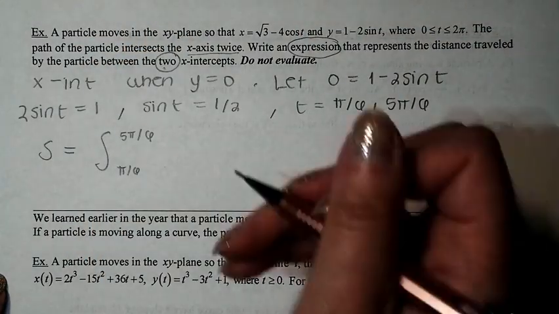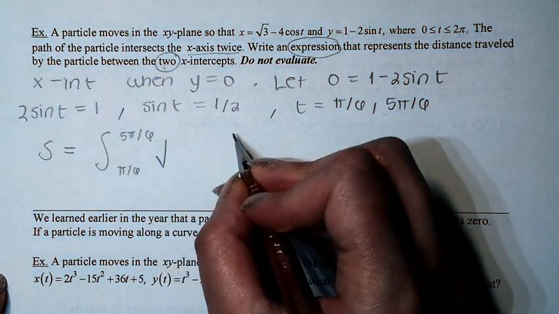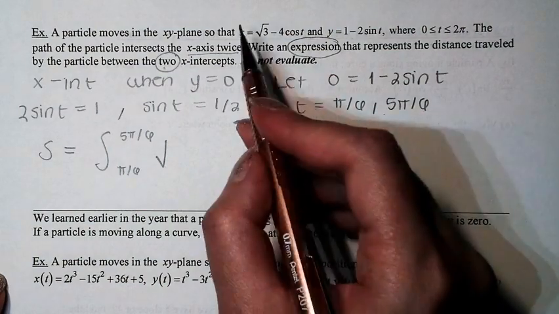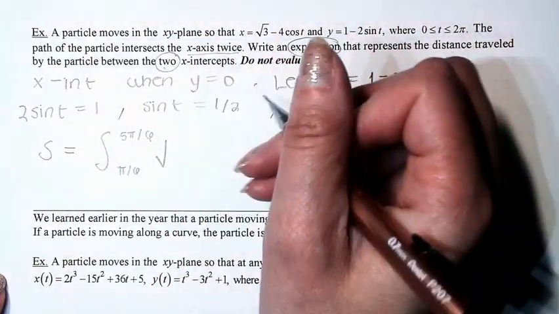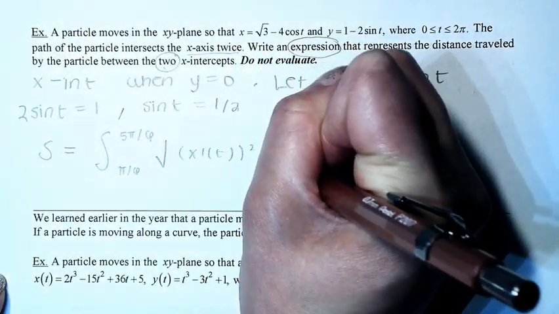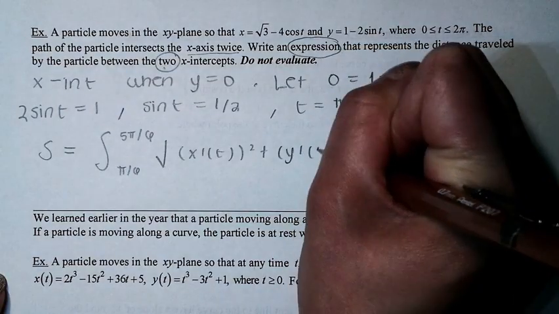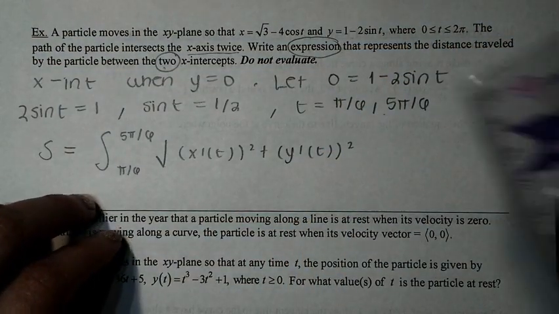And then it's going to be the square root of dx dt. Now ask yourself, can we find dx dt? Yes, we can. We want also the derivative of the y component, right?